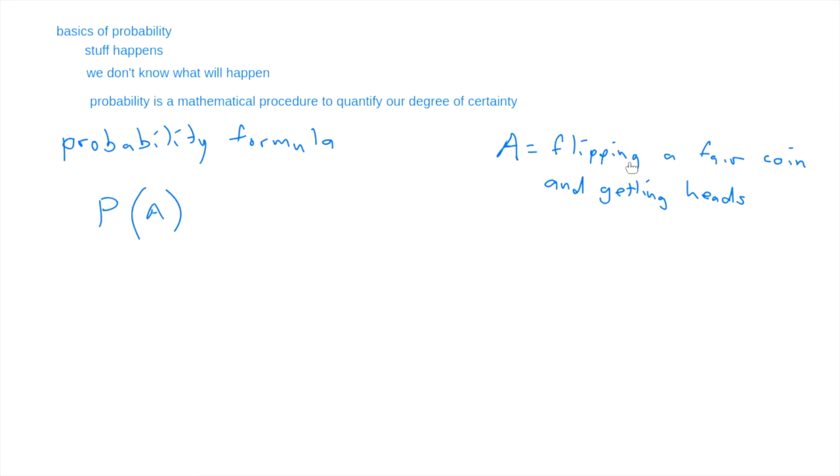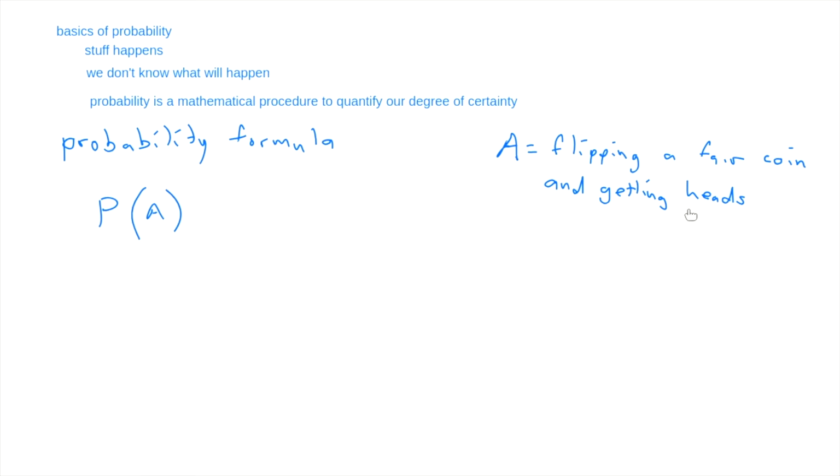And I'm thinking, tossing, that's like if I throw the coin to my friend. Hey, catch. I toss a coin. That's never what I do. In my vernacular, I flip a fair coin. And getting heads, what does this mean? It means it lands face up with a head on it rather than a tail, and we know what heads and tails are, so I'm being way too formal with this.